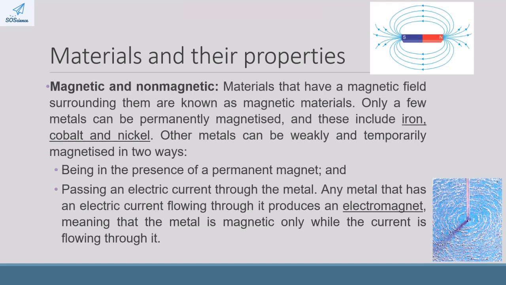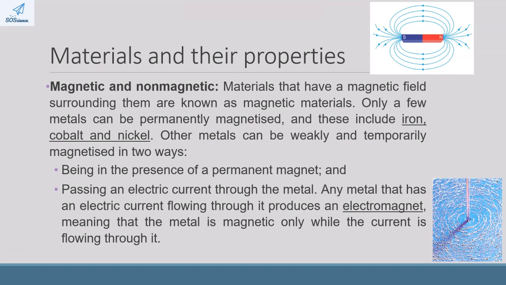Then we get magnetic versus non-magnetic materials. So magnetic materials have a magnetic field that surrounds them. Now, most metals can be magnetized, they can be temporarily magnetized, they can be weak magnets, but we have 3 metals that are permanent magnets, meaning that once they've been magnetized, they will remain magnets forever.